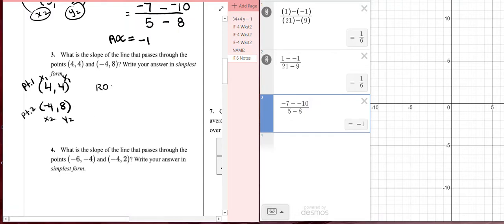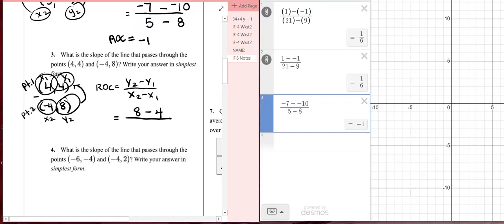I know the formula is y2 minus y1 over x2 minus x1. And so I'm just going to go ahead and place them. y2 minus y1. So it's going to be 8 minus the 4. And then x2 minus x1. So it's going to be the negative 4 minus the 4.